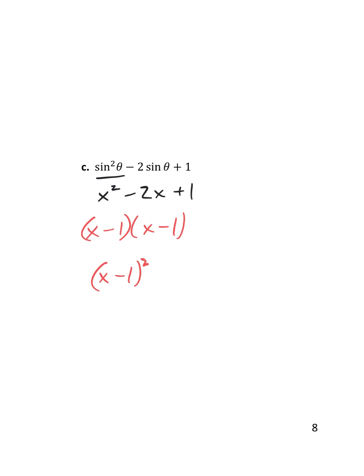Now, wait a second. What does that even mean? Let's see. This would mean that we're talking about sine theta minus 1 squared. And that's just a nicer way to write the same expression. So in this case, is sine theta minus 1 all squared better than the expression that we had?